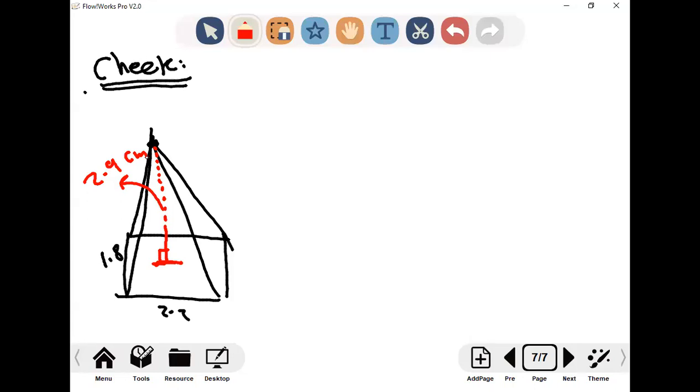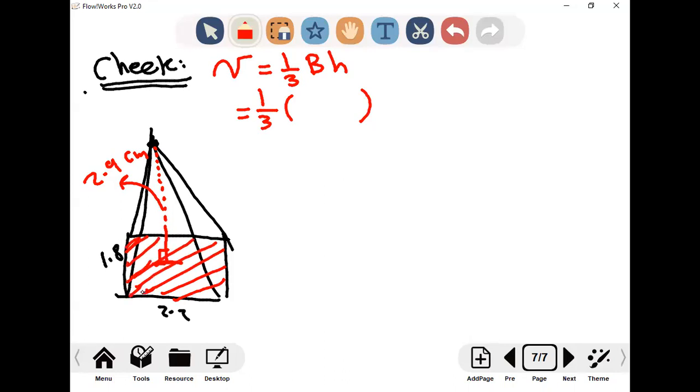Now, let's follow the formula. V of this pyramid equals 1 over 3 big B H equals 1 over 3. Now, the big B here. What's the base? It is a rectangle. What's the area of the rectangle? Length multiply width. Apply it. 2.2 multiply 1.8, multiply the height of the pyramid.